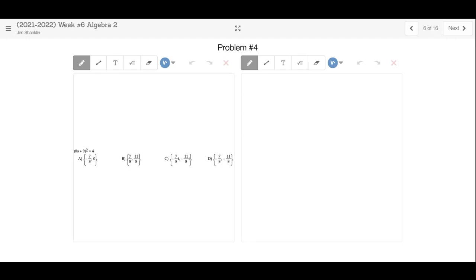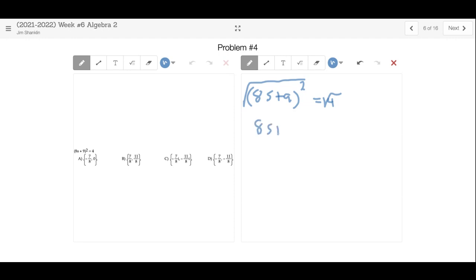Yes, it was. Okay. So if I was going to do this problem here, I have 8s plus 9 quantity squared is equal to 4. The square is isolated because it's inside. So I'm going to take the square root of both sides.